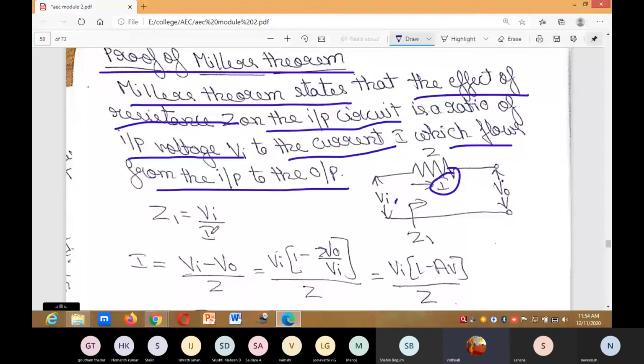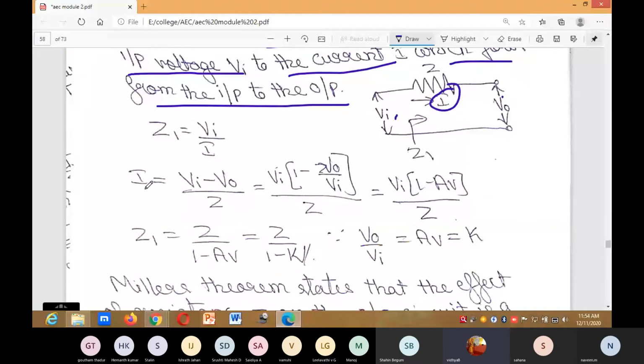What can we write for I? From this circuit we can write I is equal to Vi minus V0 divided by Z, because we want the I value and it should be Vi first since we are considering the input side.